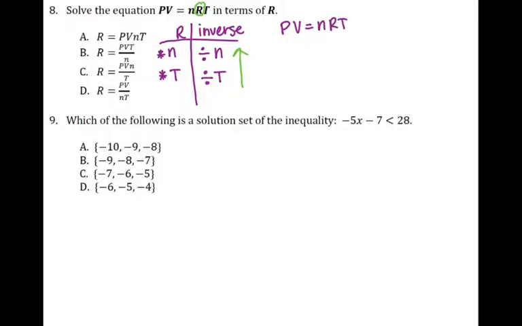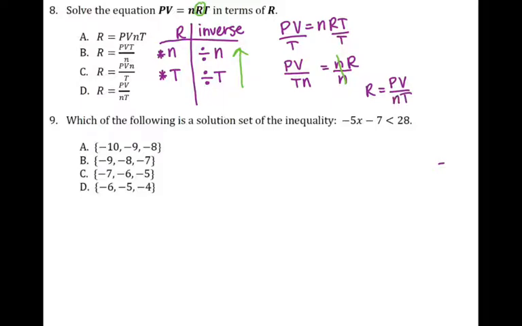I'm going to start by dividing both sides by T. That gives me PV over T equals n times R. I'm going to divide both sides by n, and when I divide my left side by n, that just puts it on the bottom of the fraction. So the n's on the right-hand side are going to cancel, and now I have my R by itself. So I have R equals PV over nT.